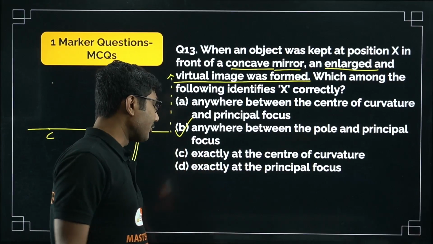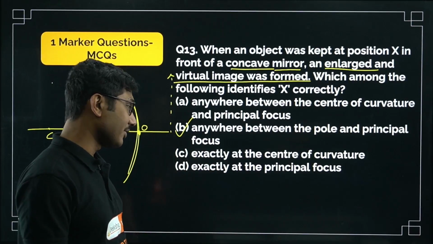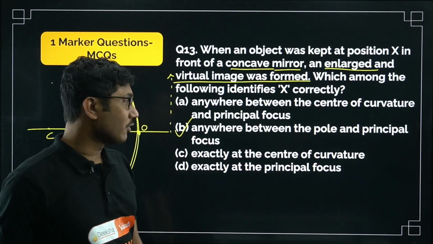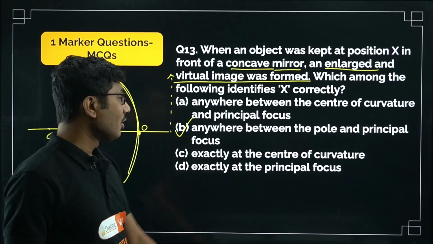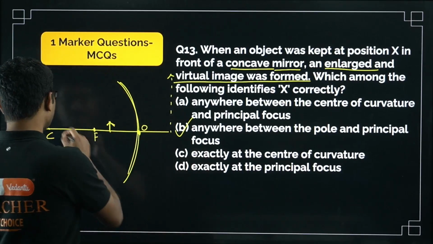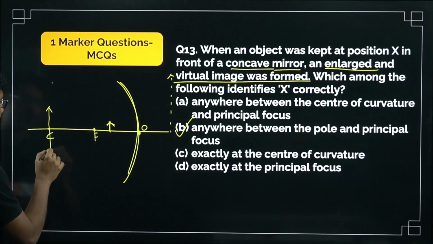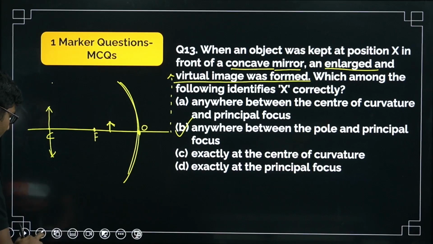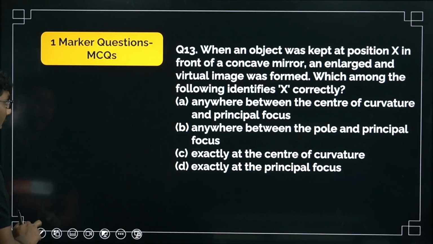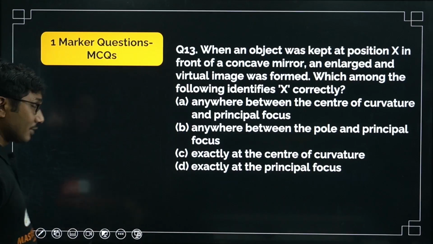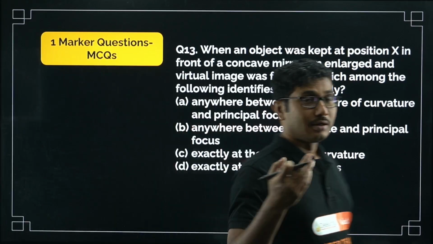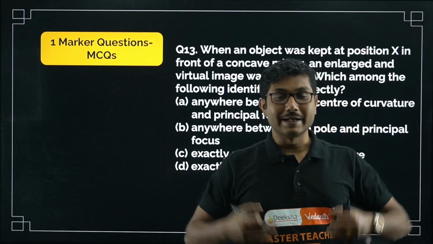Let's see the option C, exactly at the center of curvature, exactly at the principal focus. Both are not correct. If you keep it exactly at the center of curvature, you will get exactly the same size but in the opposite orientation. So the magnification will be 1 and it is a real image.